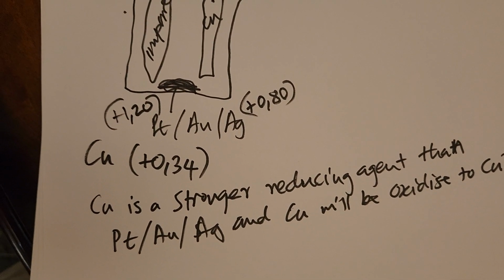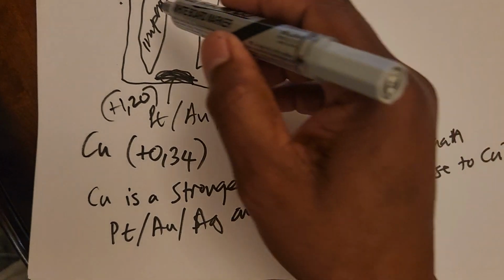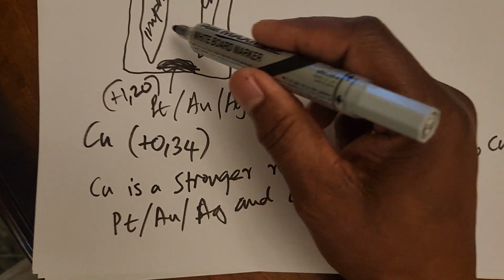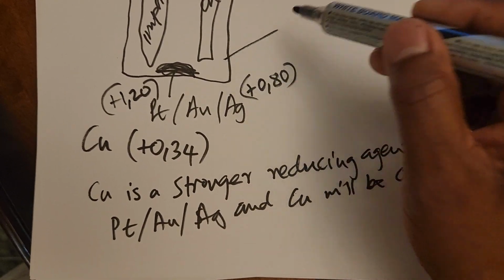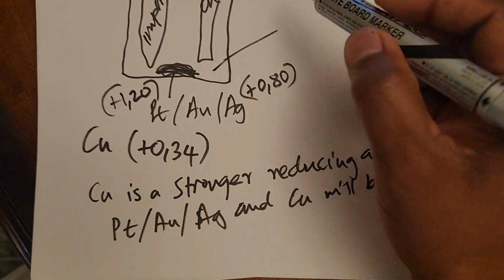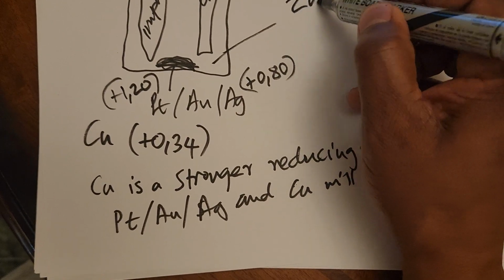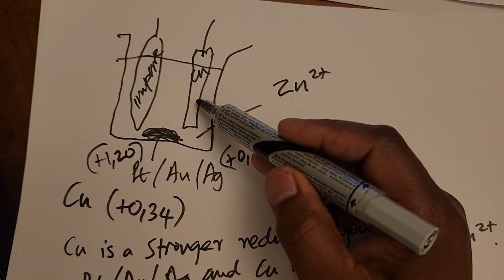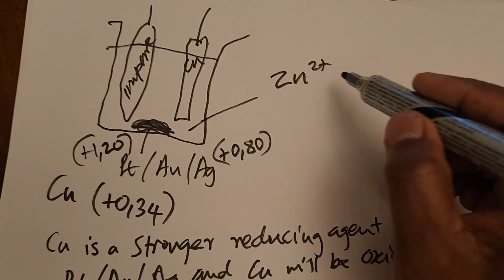In some questions, they can even add that in the impurities there's zinc, which will be oxidized also to form zinc ions in the half cell. Now, why are zinc ions not reduced at the cathode?